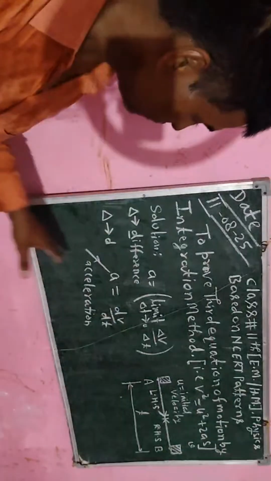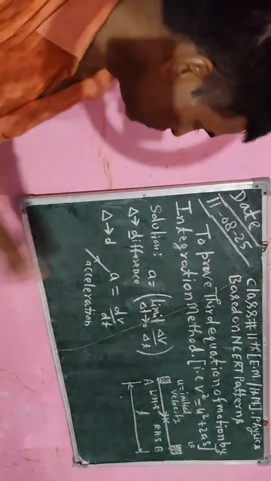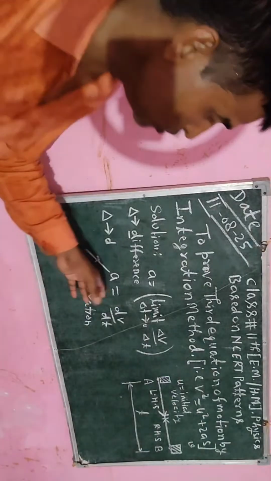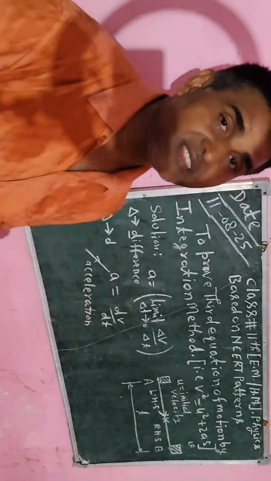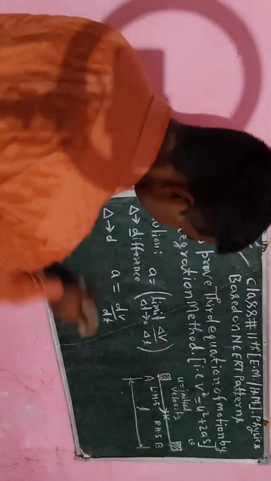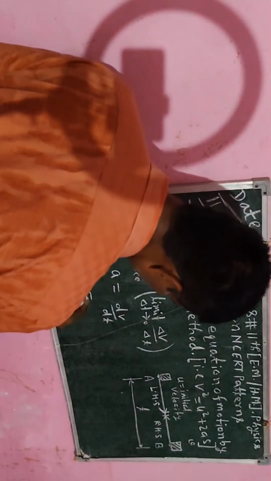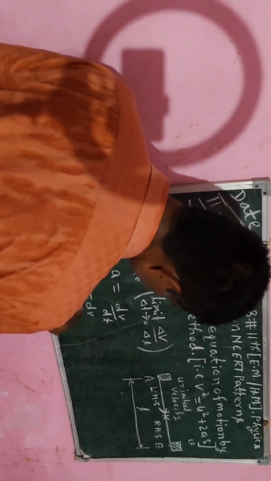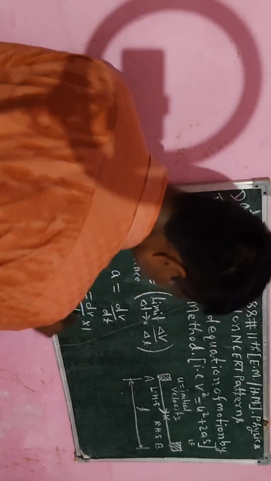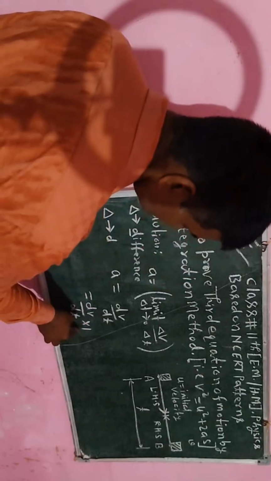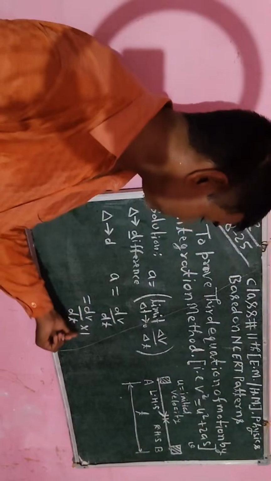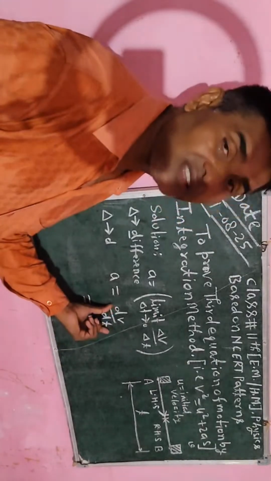Okay students, I hope you are doing very well. Now I will write this information in unit form, so this information I am going to erase. Further I will simplify. In the place of dv divided by dt, I can write dv divided by dt into 1, because any number or quantity multiplied by 1 remains the same value.